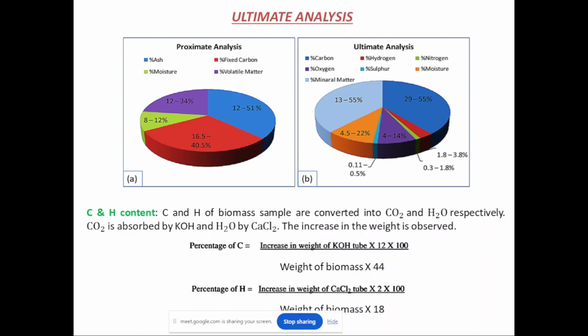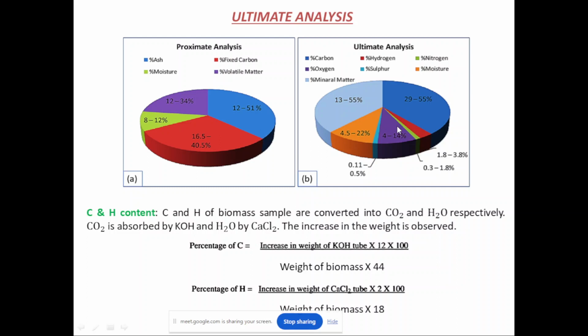This KOH as well as CaCl2 will be stored in tubes. Once CO2 passes through the KOH tube and H2O through the CaCl2 tube, the weight of the tubes will increase. Depending upon the increase in weight, we will determine the percentage of carbon as well as hydrogen present in your biomass sample.